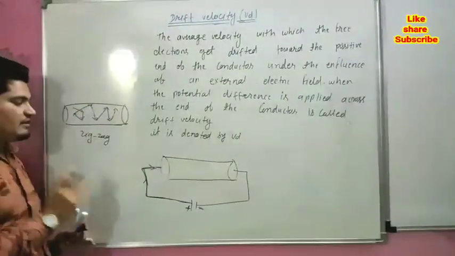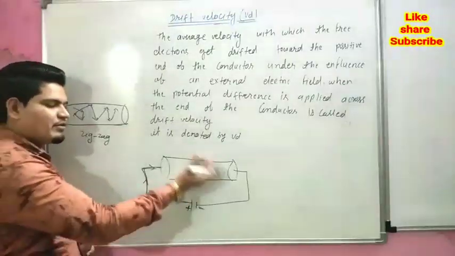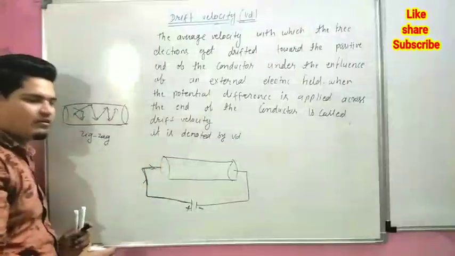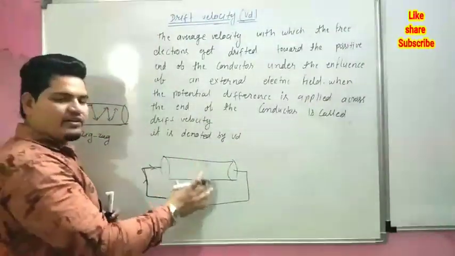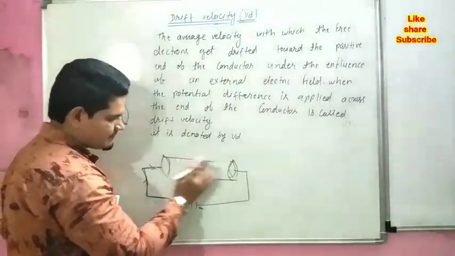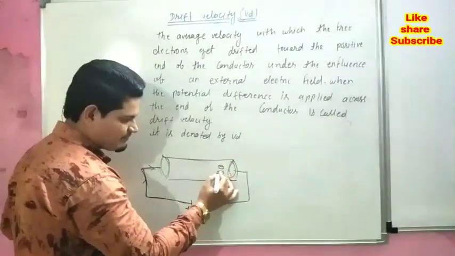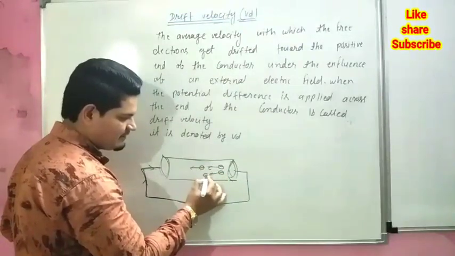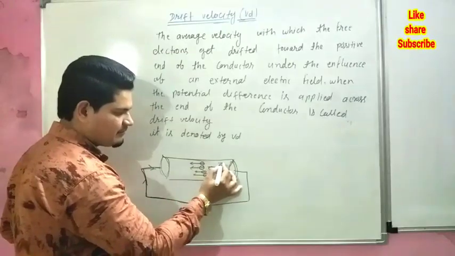Now, instead of a zigzag or irregular manner, electrons move toward the positive terminal of the battery, because there is a potential difference across the ends of the conductor.